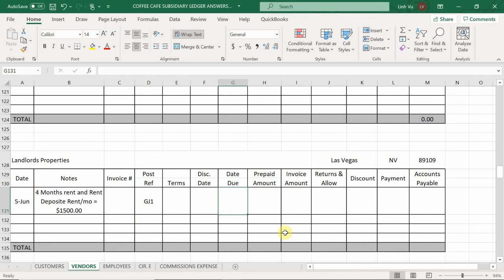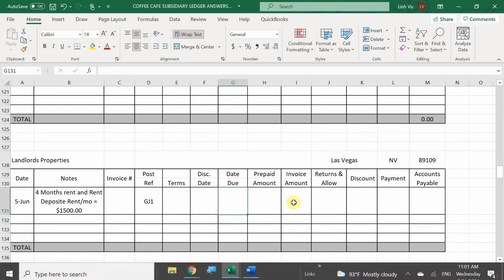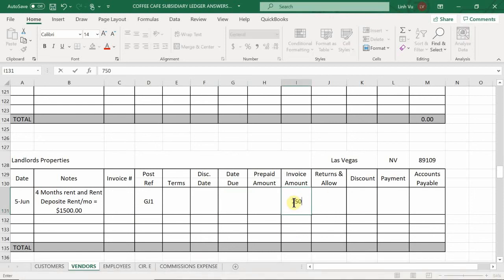That's where you'll use the prepaid amounts. In this case, I didn't make a payment to my rent place before I met my rent person. No. I just came up to them and we made our contractual agreement that I owe a total of $7,500. Okay? And that's going to be the invoice amount because that's what you got billed.